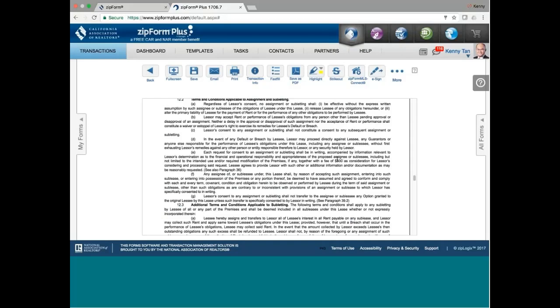So there is a $500 payment required. That's very common, to pay the landlord to apply to have the sublease approved or assignment approved, $500.